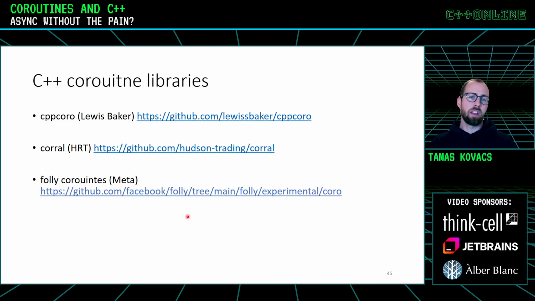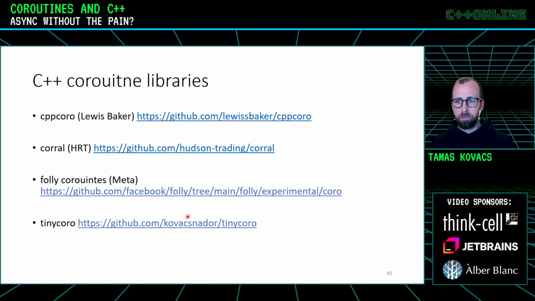They use it at scale, but it comes with heavier dependencies since it is part of the, let's say, larger Folly ecosystem. And last but not least, tinycoro, which is designed to be beginner-friendly with a very strong focus on usability and simplicity. It is just a header-only library.